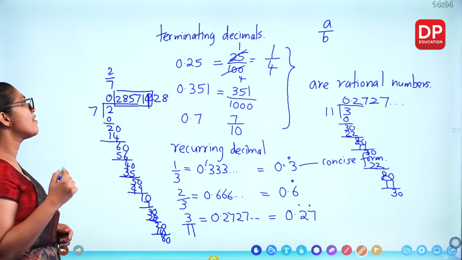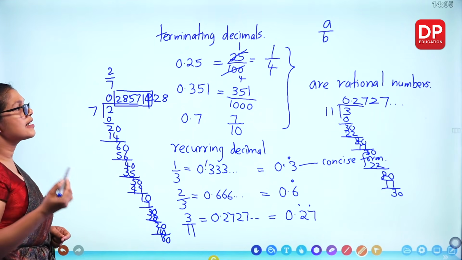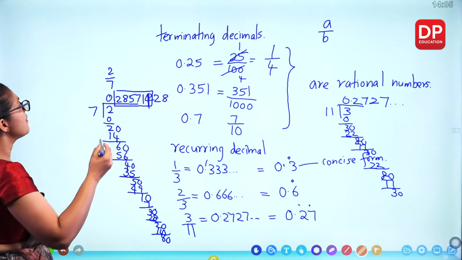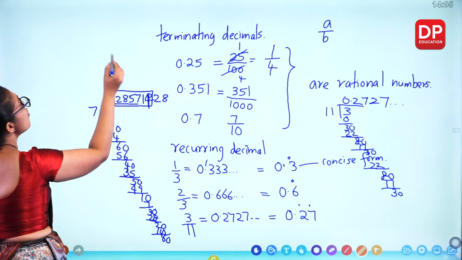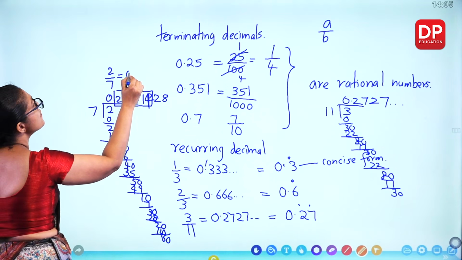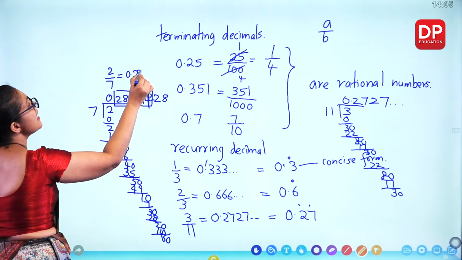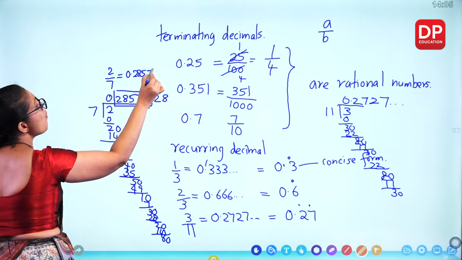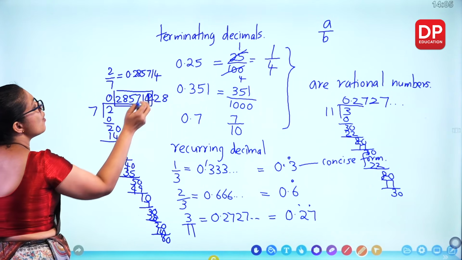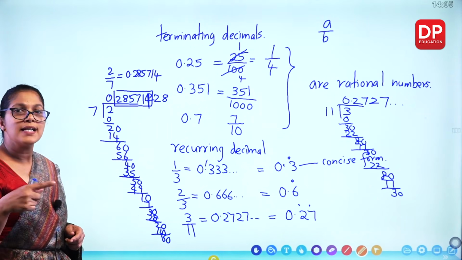So how can we write down this number in concise form? We can write 2 over 7 is equal to 0.285714. That's the set of numbers repeating.